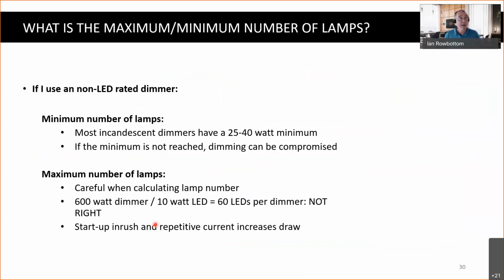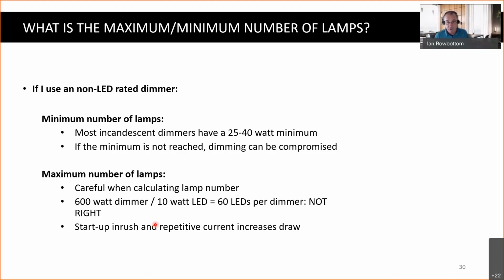So if I'm changing my chandelier over my dining room table and it had three of the old candelabra, 25-watt incandescent light sources in, I would have had a 75-watt load and my old dimmer would work. I now put in my 3-watt candelabra LEDs. I've now got a total load of only 9 watts. That old dimmer will not work because it's not got the minimum load connected to it. So dimming can be compromised.